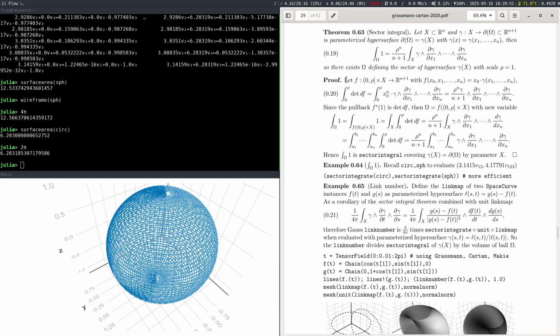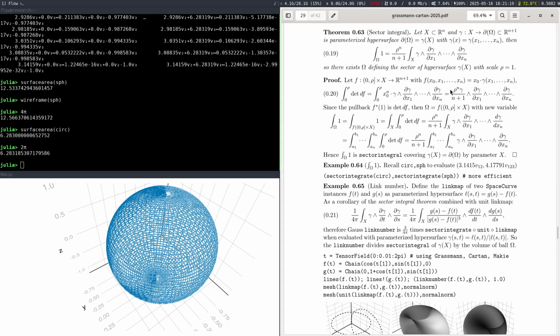So let's consider a function f from the product space 0 to rho times x into R^(n+1), defined like this: f of x0 through xn equals x0 times gamma of x1 through xn, okay?